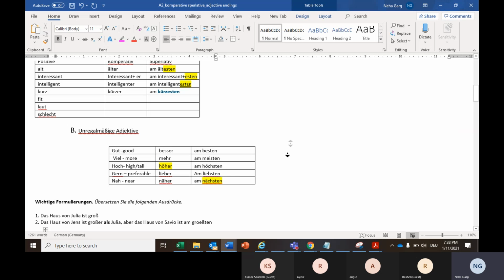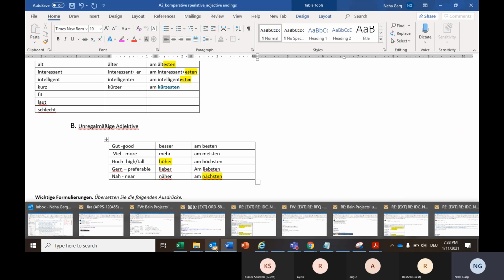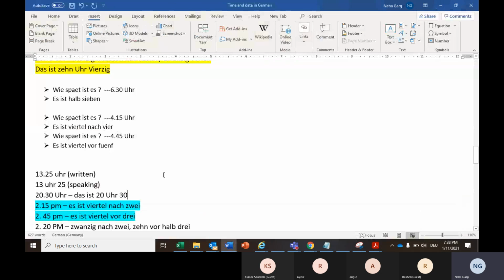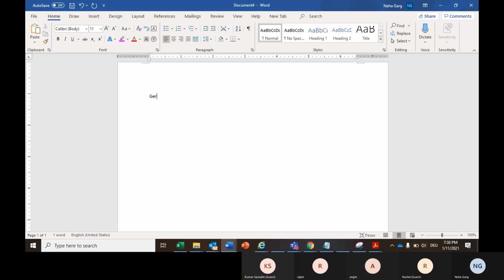Now, one more quick exercise. Okay, so now what you have to do is make a paragraph, or anything, about what you do preferably, more preferably, and then most preferably.